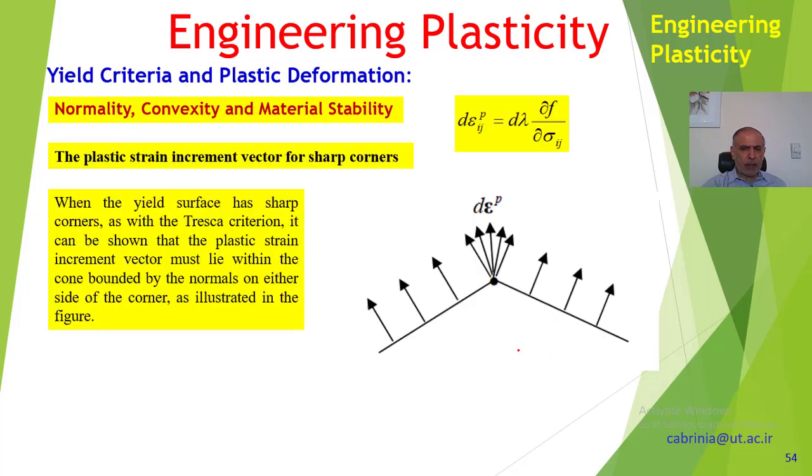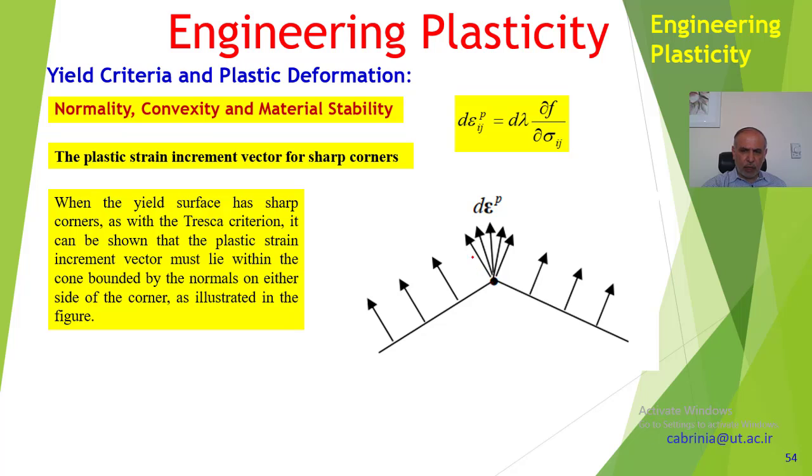Now you may say that, for instance, for Tresca yield criteria, we have sharp corners. So in this, the epsilon p, we say that is perpendicular to the yield surface, which is this. Okay, so here the epsilon p is perpendicular, and here the epsilon p is perpendicular. So what happens at the sharp corner for the Tresca?